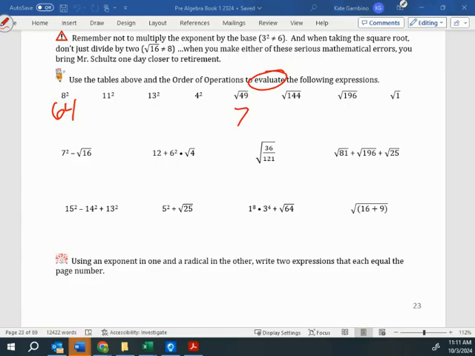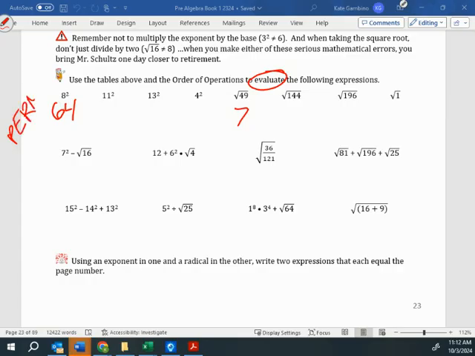The second row, we have to use the order of operations. Remember, PEMDAS. So if we look at 7 squared minus the square root of 16, what's the first thing I'm going to do? Bobby? Get them into actual numbers. Okay, so I have to follow PEMDAS, right?